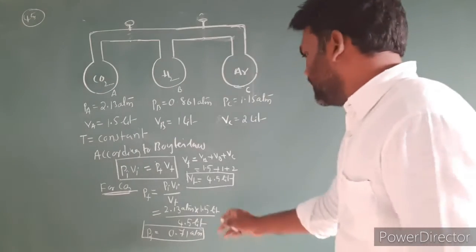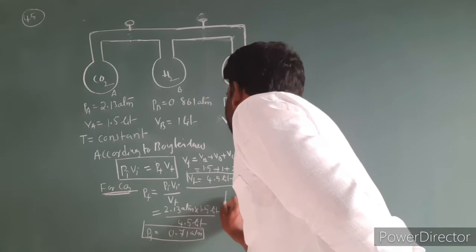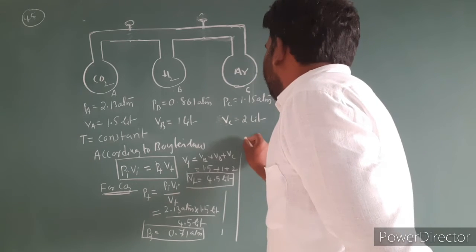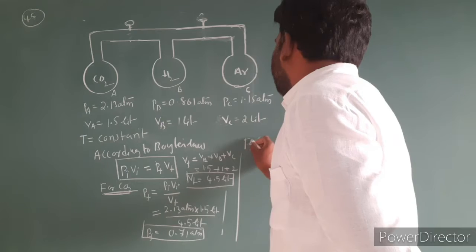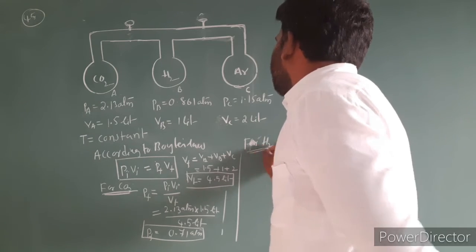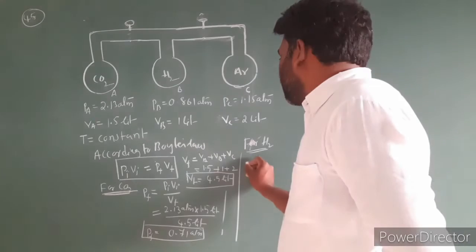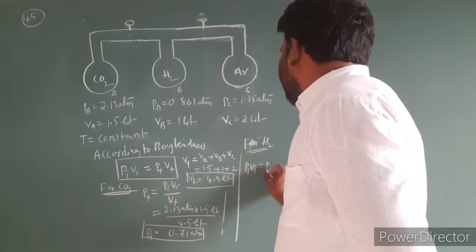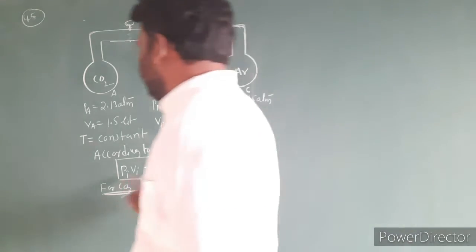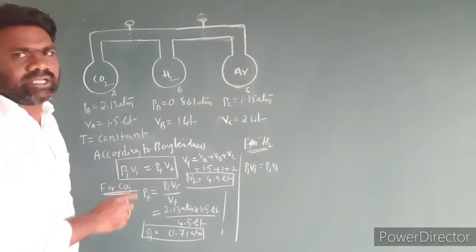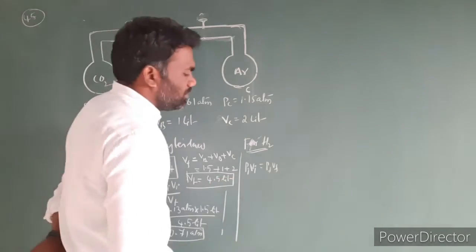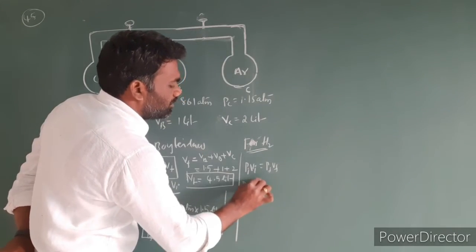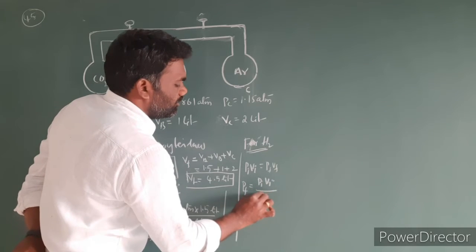Next we have two remaining. The second one is the pressure of hydrogen. For hydrogen, the second bulb, we use the same formula, PiVi is equal to PfVf, which we apply for carbon dioxide, hydrogen as well as argon. So Pf is equal to PiVi by Vf.